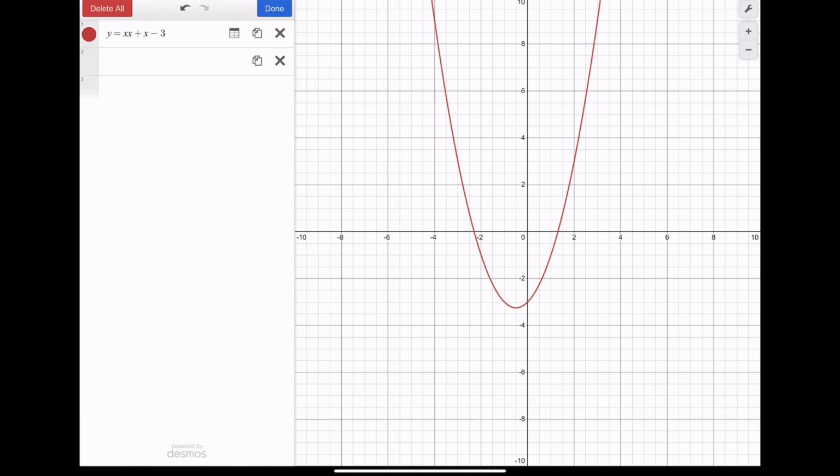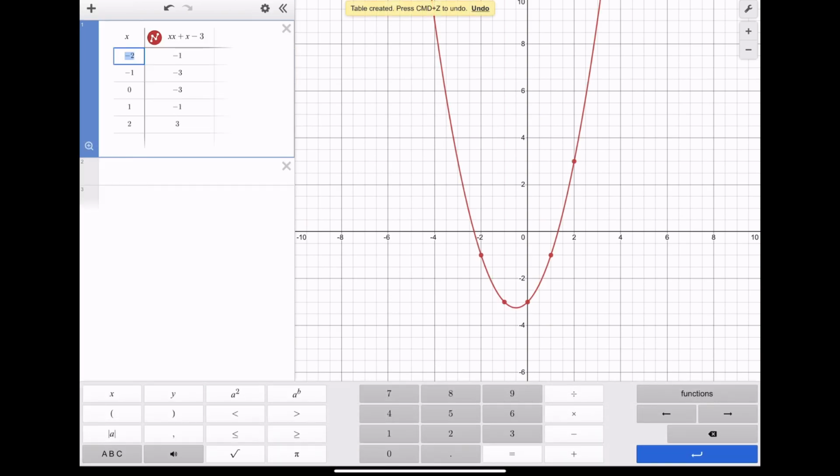And then you click on the gear, and then I want a table of values. So those are the numbers that I want to fill out. Take a picture of those, or just write it down. Negative 2, negative 1; negative 1, negative 3; 0, negative 3; 1, negative 1; 2, 3.